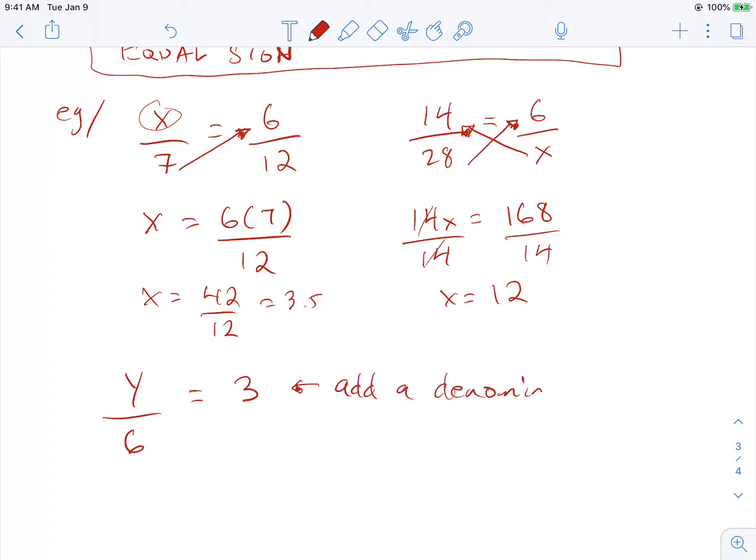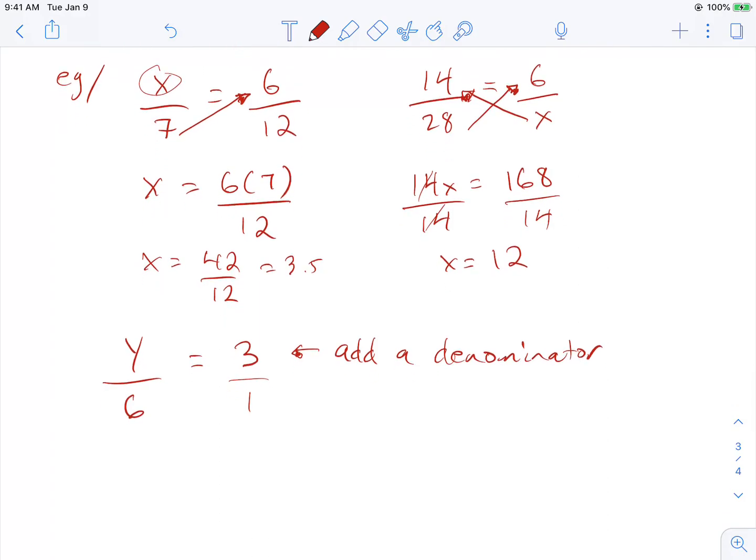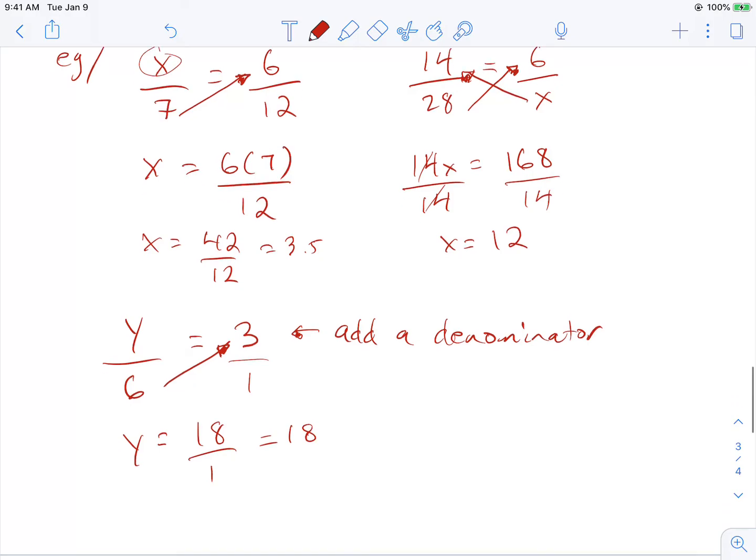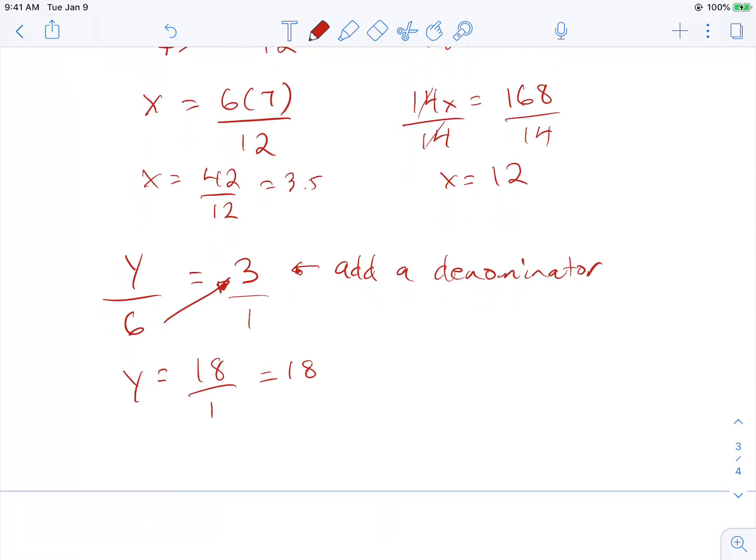I can make up a denominator. And the denominator you always use is divided by 1 because that doesn't change the actual number itself. So I have y over 6 equals 3 divided by 1, and now I can use my cross multiplication. So I'll just multiply that up, and we get y equals 3 times 6, which is 18 divided by 1, which is just 18. So cross multiplication is a very handy tool.